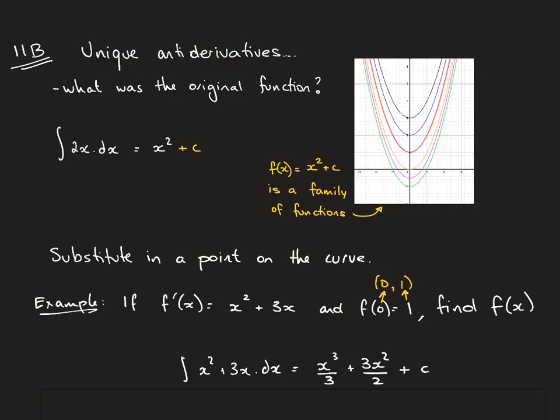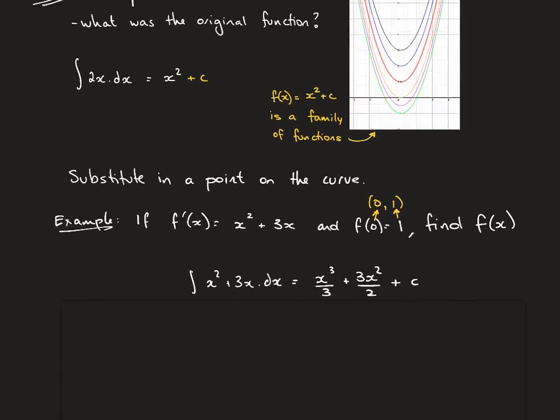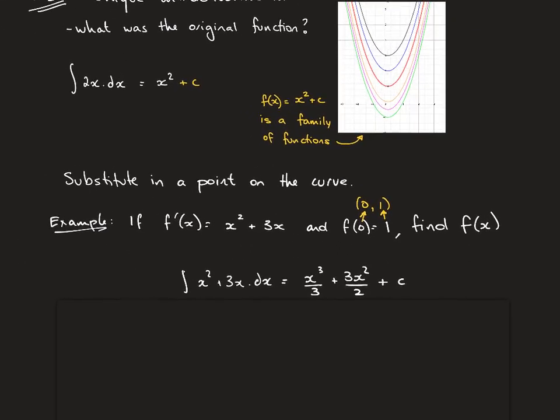And then with our integration formula, we substitute in our x and our y value. The equation told us that f of 0 is equal to 1. So what we substitute in is our formula for f of x.